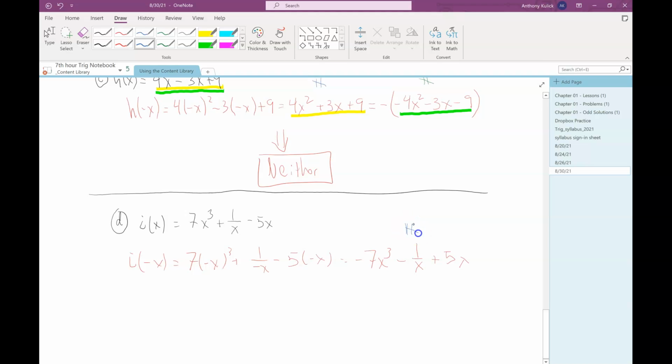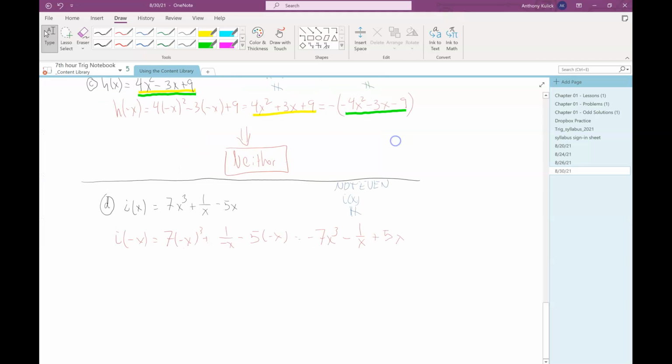Well, clearly this is not I of x, so it's not even. Right? All right. Well, let's see what happens if I factor off that negative sign. So negative 7x cubed becomes positive. Negative 1 over x becomes positive. And positive 5x becomes negative.